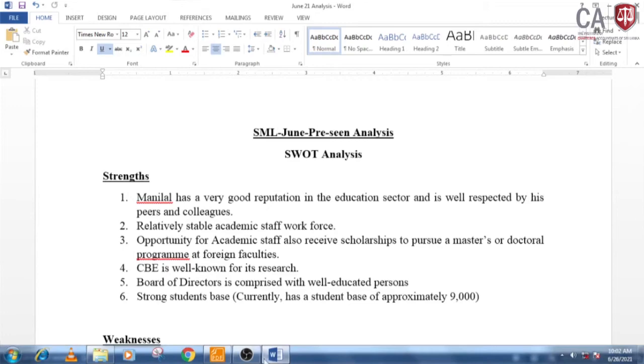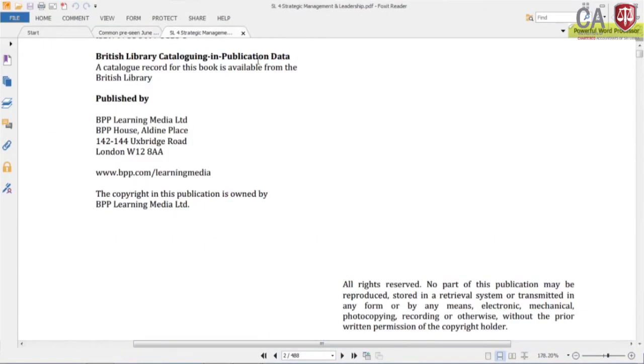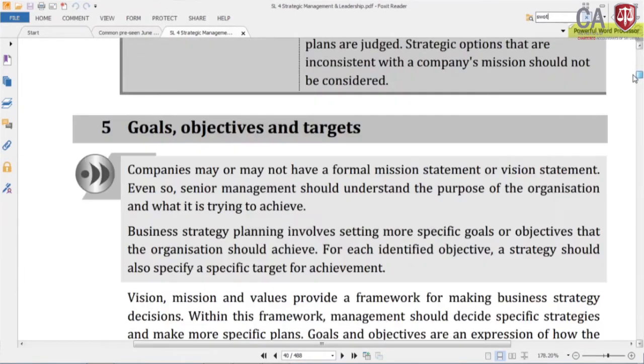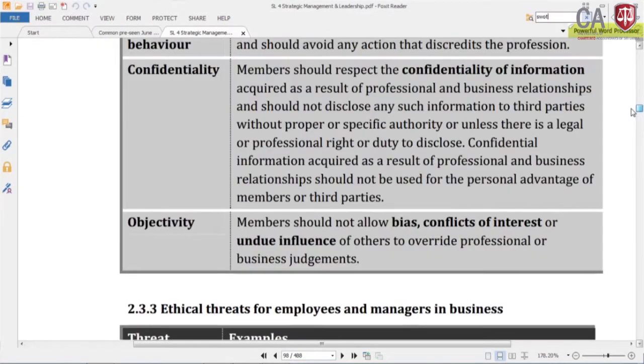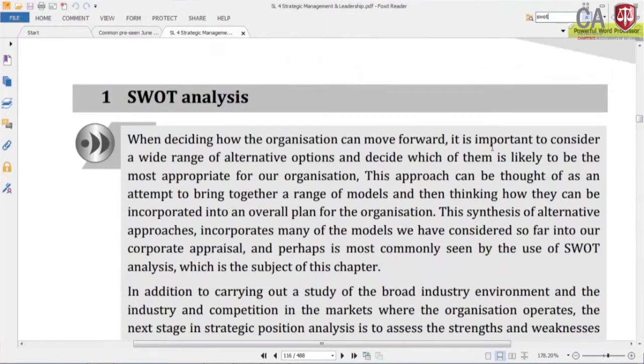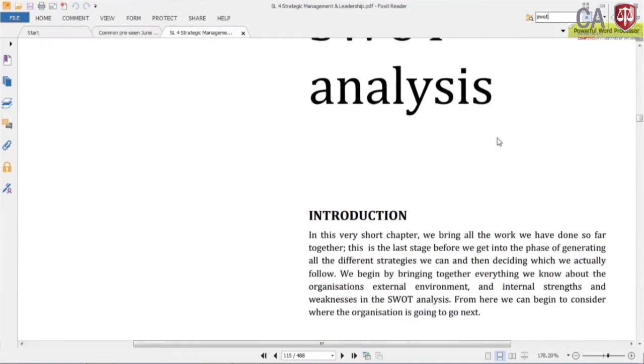I am not going to discuss the theory relevant to the SWOT. You remember what is SWOT analysis? Your topic, chapter number 5, SWOT analysis.